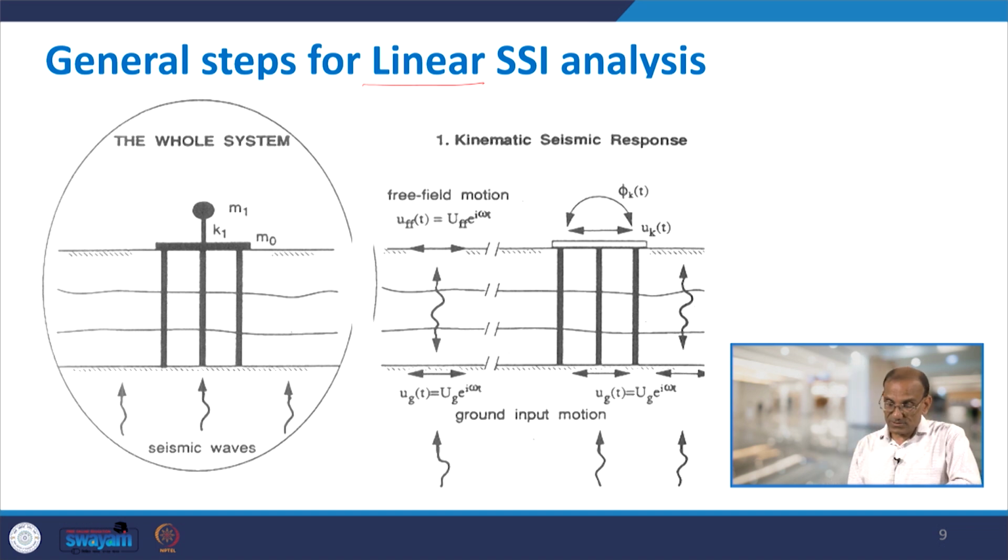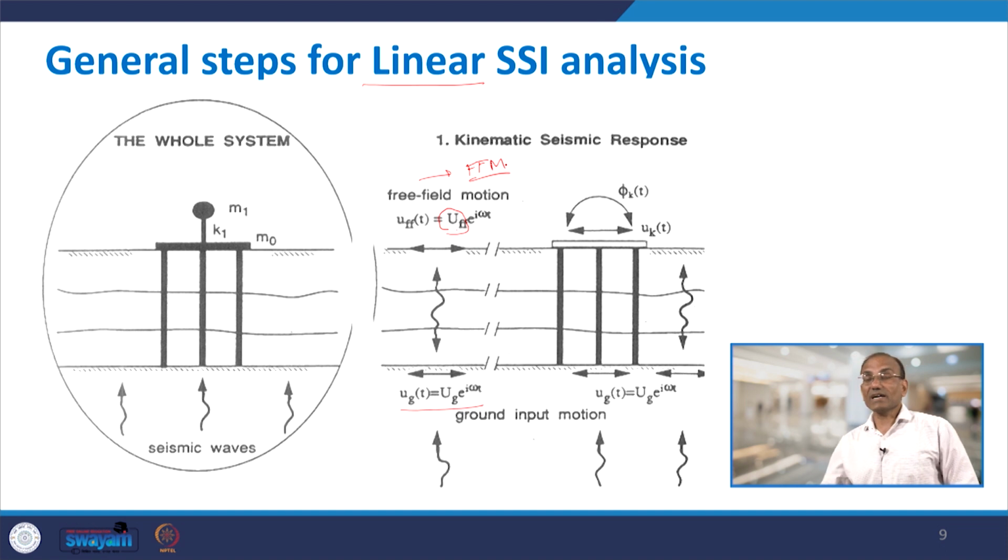So, let us say this is your input given at the base, UG e^(i omega t), while the output amplitude is UFF. Naturally, e^(i omega t) for harmonic excitation will remain the same, of course there could be some phase lag. So, this is called free field motion, or in short we call it FFM.